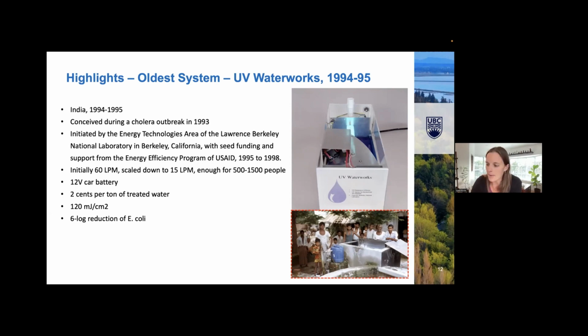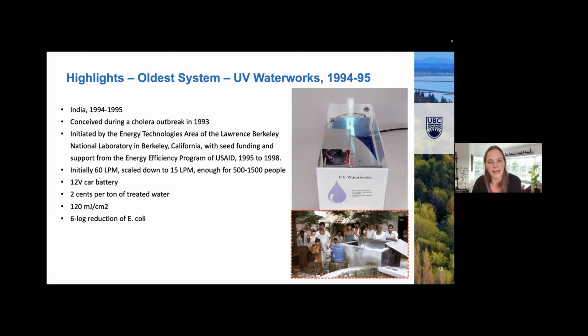And let's see, trying to remember the total costs of this one. Actually I don't have that, but they estimated that over its lifetime, it would cost about 2 cents per ton of treated water. And it was designed for a target UV dose of 120 millijoules per centimeter squared.